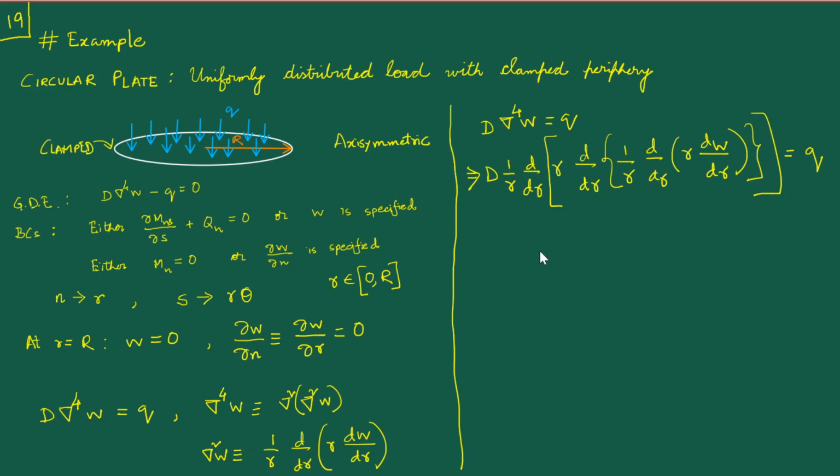Now what we are going to do is to set q, which is a given constant, divided by D, which is another constant, to a special value, 64 beta.